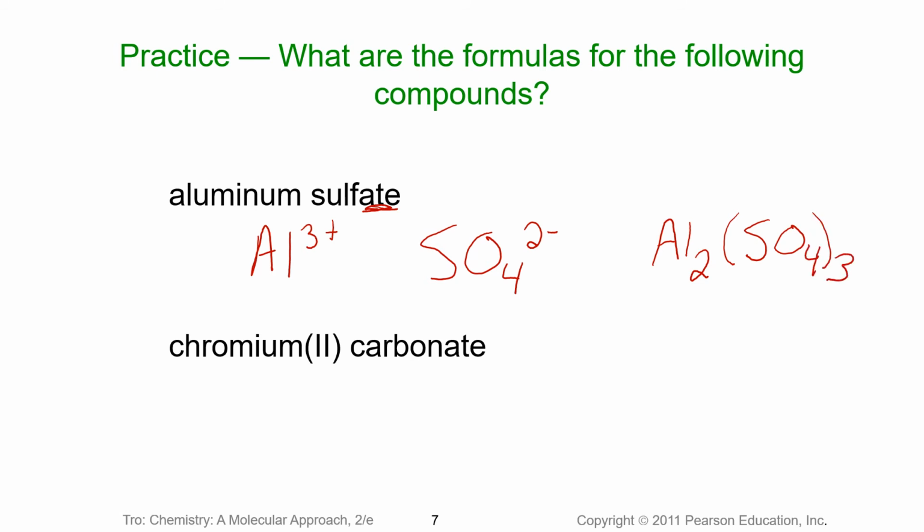SO4 3. How about chromium 2 carbonate? Chromium, it's a +2. Carbonate is a -2. So we end up with CrCO3.